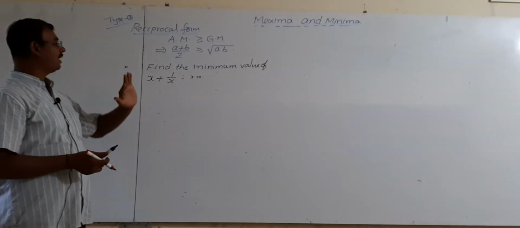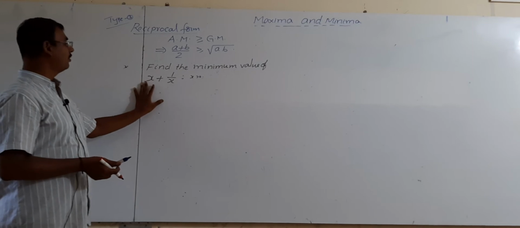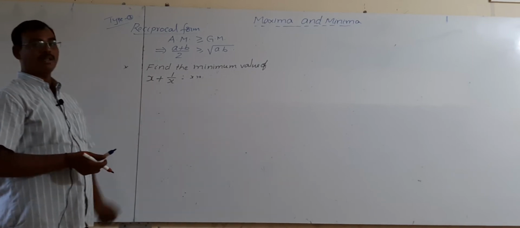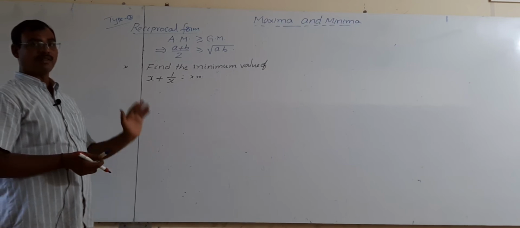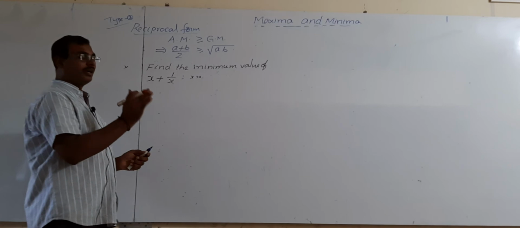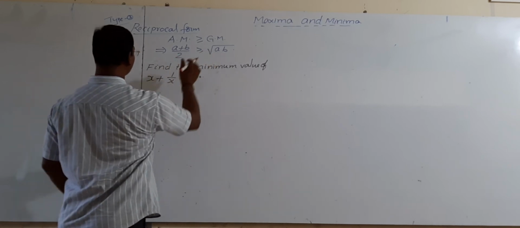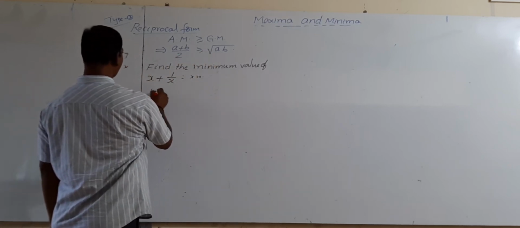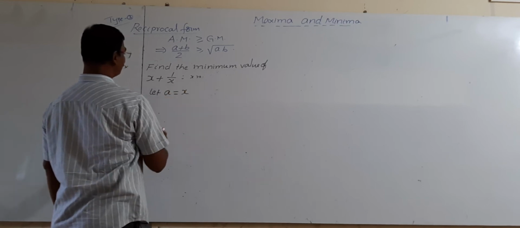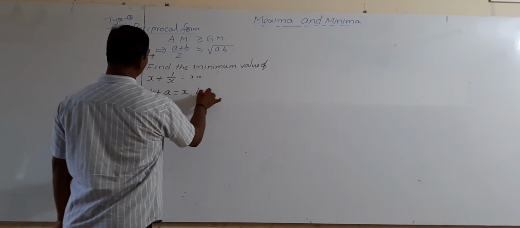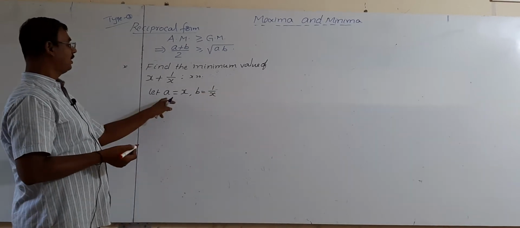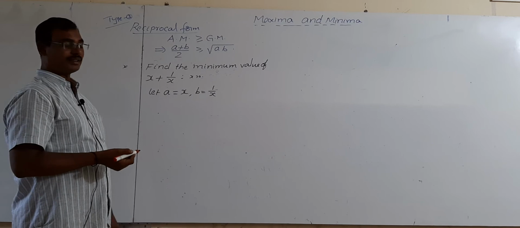So always observe the problem, whether the given terms are reciprocal or not. If there are reciprocal terms, we should follow this method. So let us take a is equal to x and b is equal to 1 upon x.